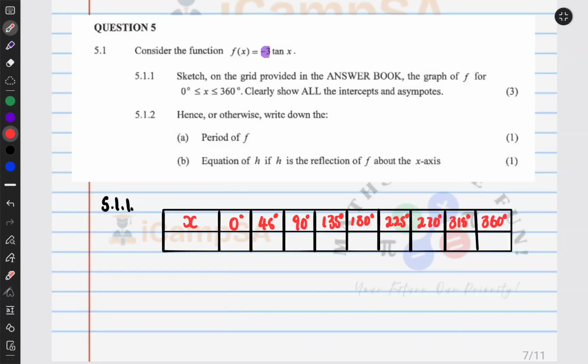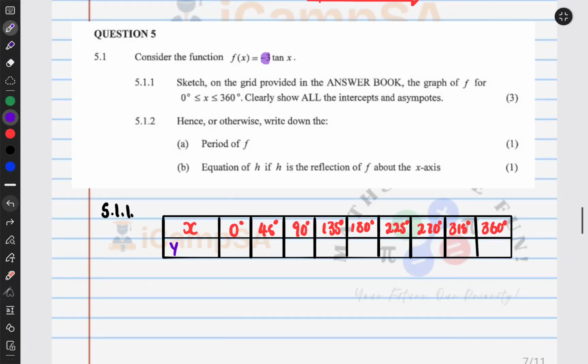Okay, and then for the y values, we're gonna use negative 3 tan x to determine the y values. So we have negative 3 tan of 0, which gives us 0, negative 3 tan 45, which gives us negative 3, negative 3 tan of 90.